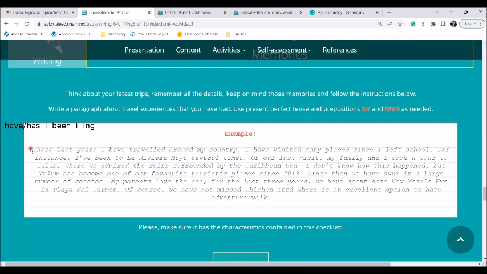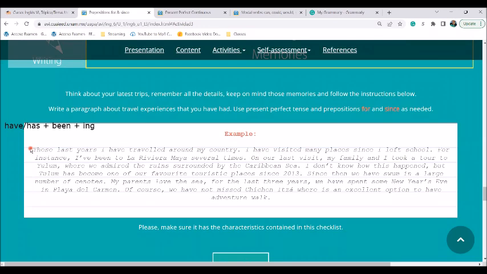but Tulum has become one of our favorite tourist places since 2015. Since then, we have swum in a large number of cenotes.